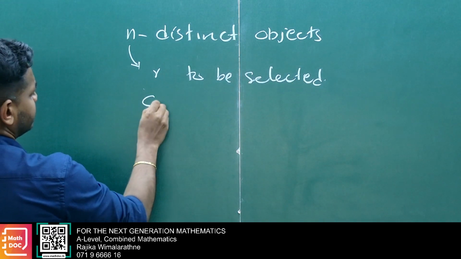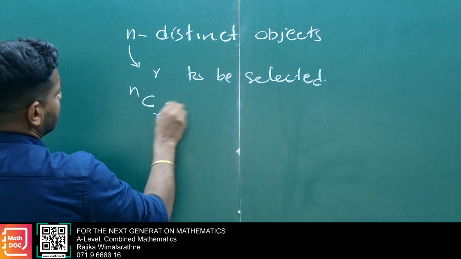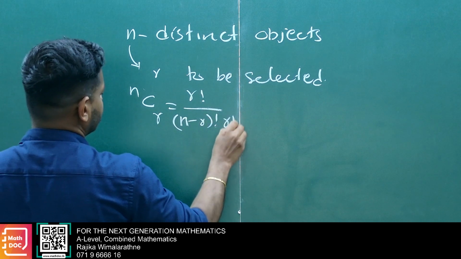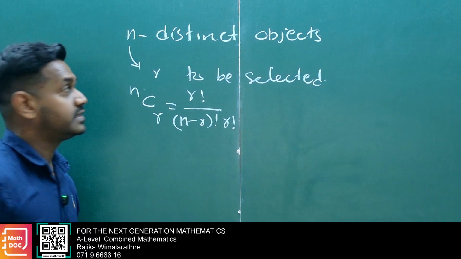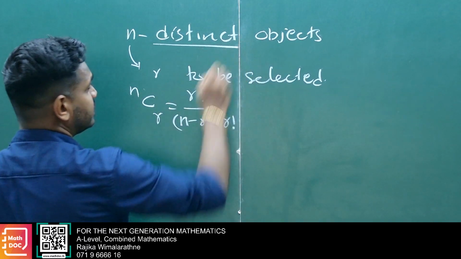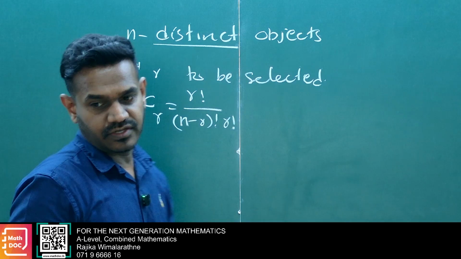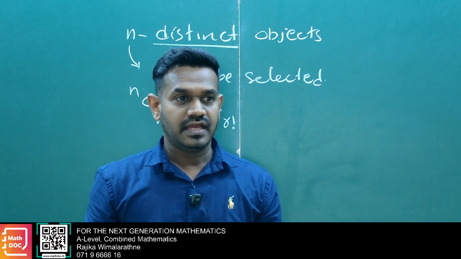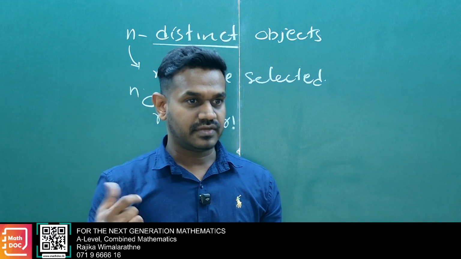Then we do this selection by nCr, n factorial over n minus r factorial, r factorial. That's how we do. That is very special. N distinct objects, r selection, nCr. And there can be equal, coincident things.